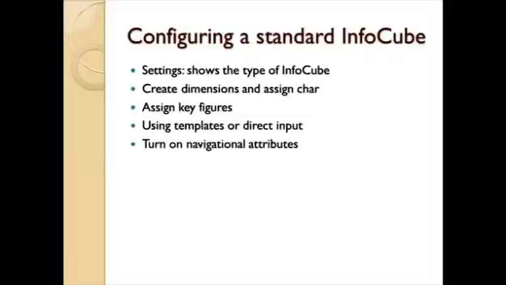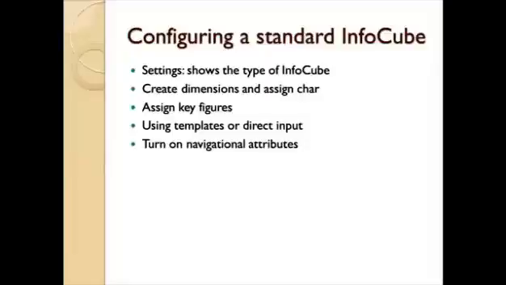The settings show the type of InfoCube you want to create. Remember, at the beginning we talked about there being 3 types of InfoCubes. In most cases we'll be dealing with a standard InfoCube, which is the default. And then you assign key figures. Depending on your business requirement, you just bring the key figures or InfoObjects that have already been created in the system into your cube.